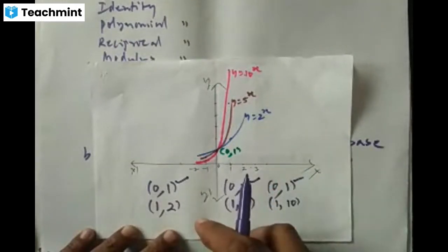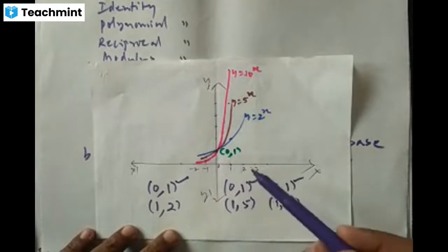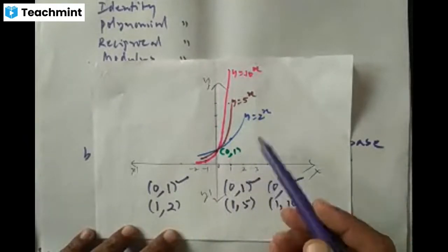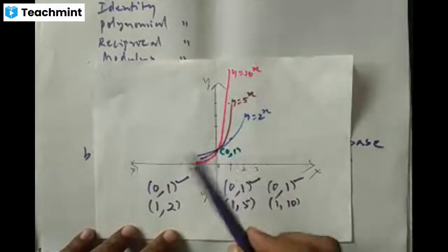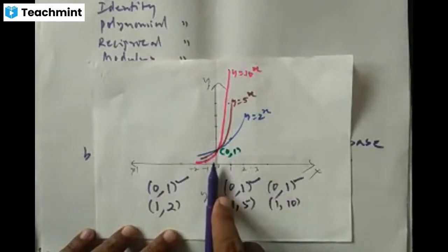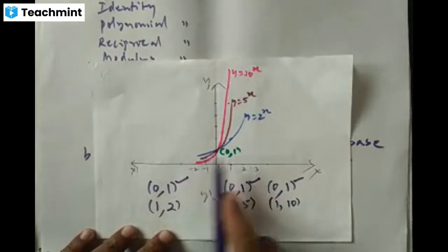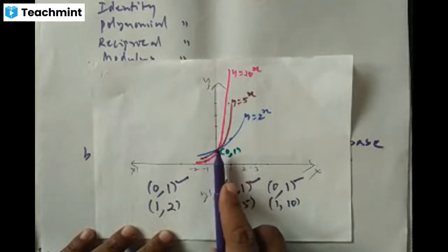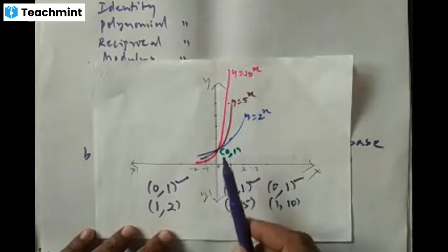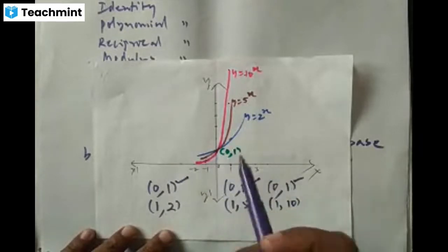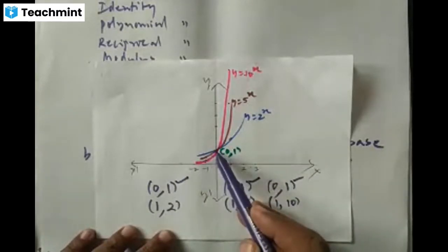Next, can you find the domain of exponential function? See, here we have graph in the left side of y-axis. That means x can take any negative value, and the graph has some parts to the right side of y-axis. That means x can take any positive value, and all the 3 graphs touch the y-axis at this point.